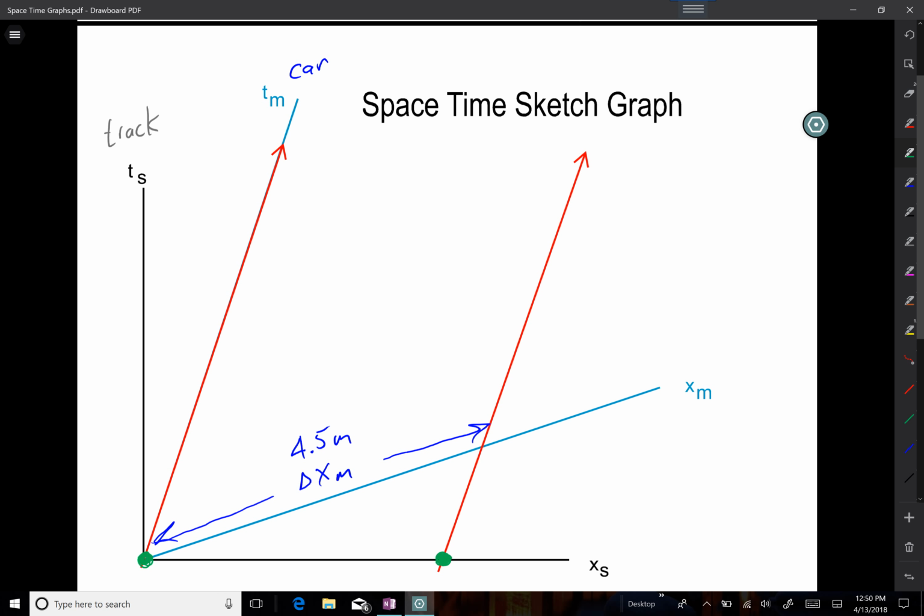And now here's your calculator issue. Gamma is the square root of 1 over 1 minus beta squared. And beta is 200 miles per hour divided by c.